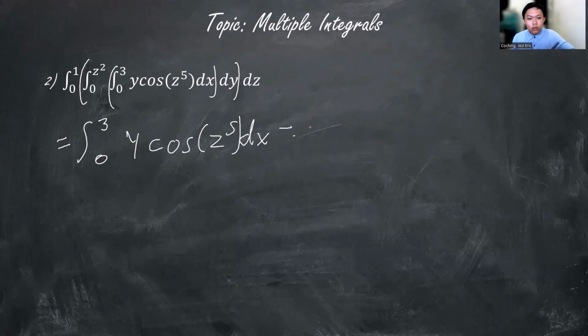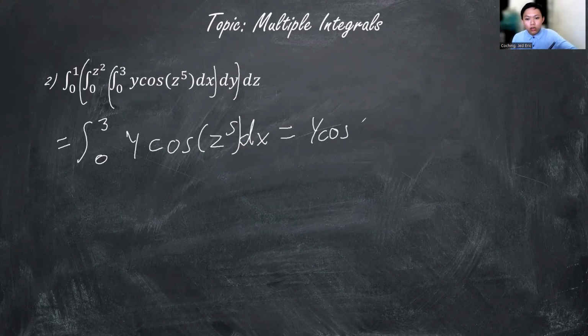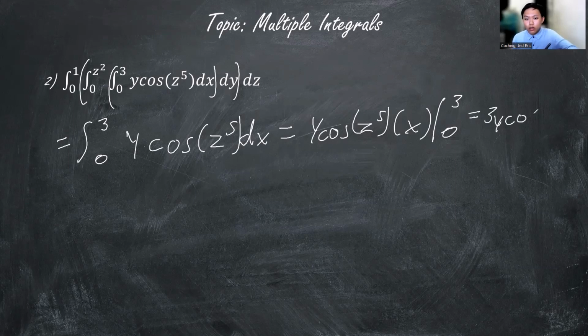So it's just going to become y cos 5z times x, with limits 3 and 0. Now that's going to become 3y cos 5z.